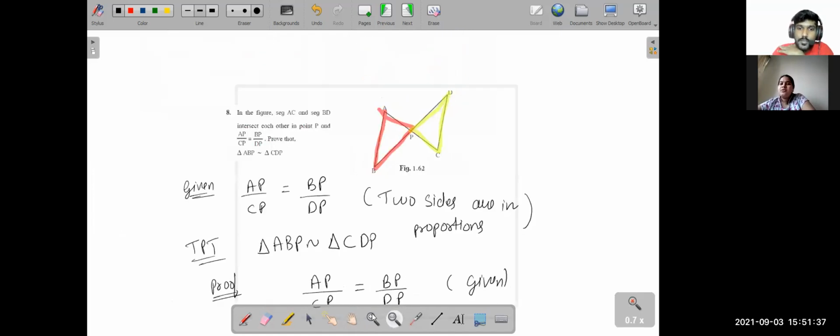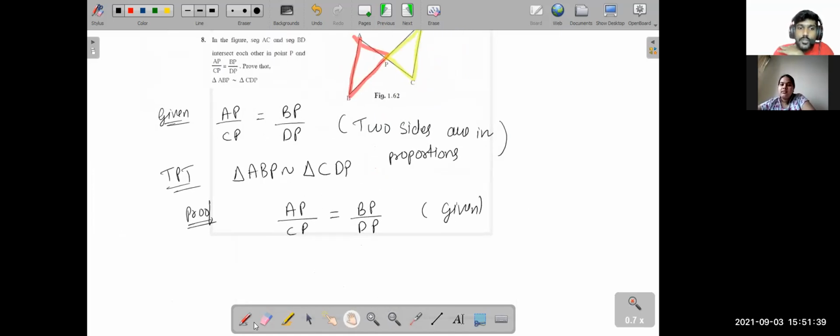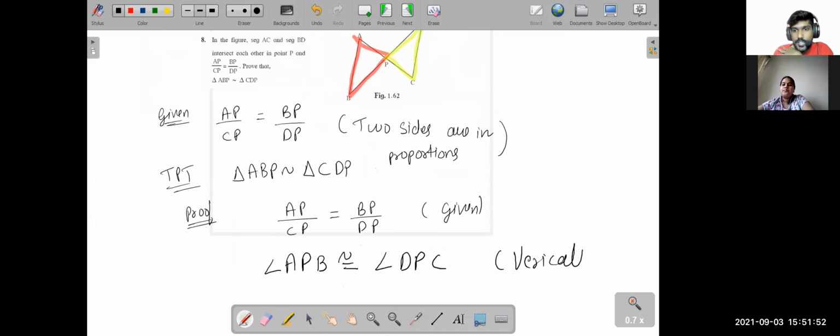Because of the figure, they are forming vertically opposite angles. So angle APB is congruent to angle DPC, and the reason here is vertically opposite angles.